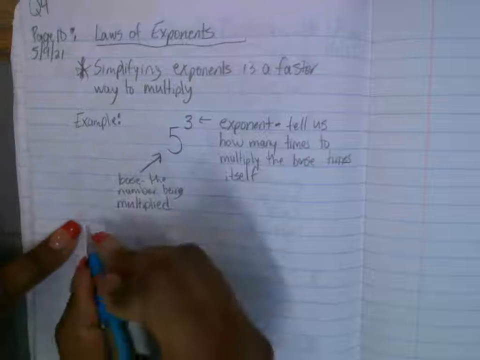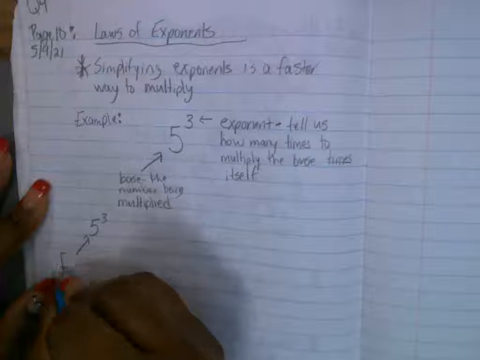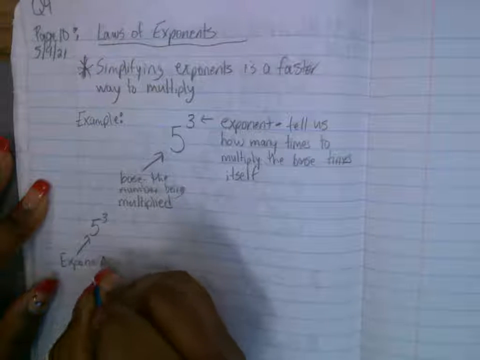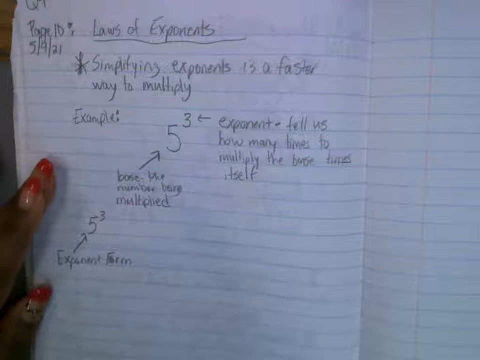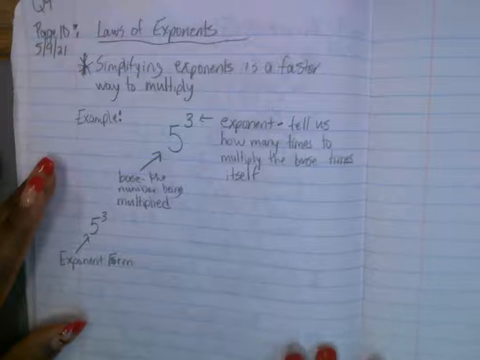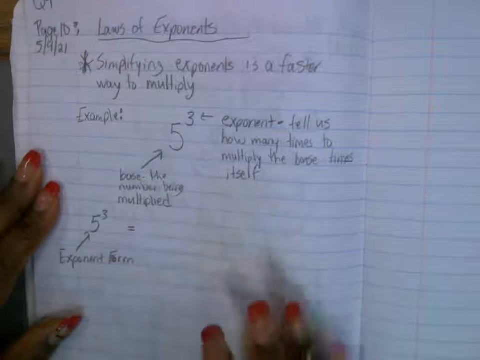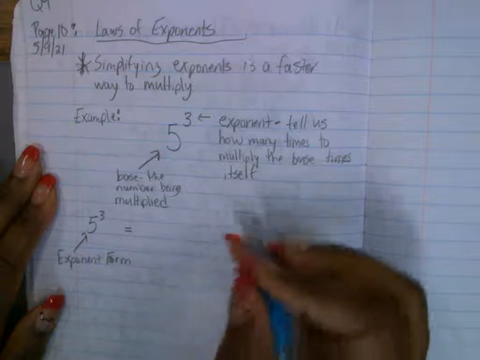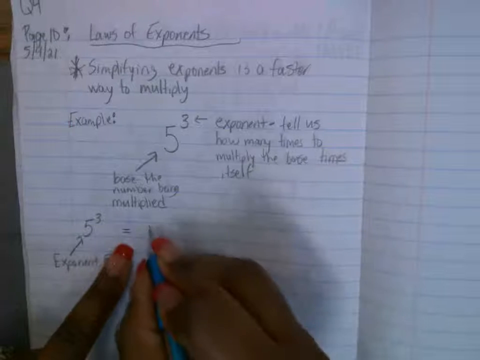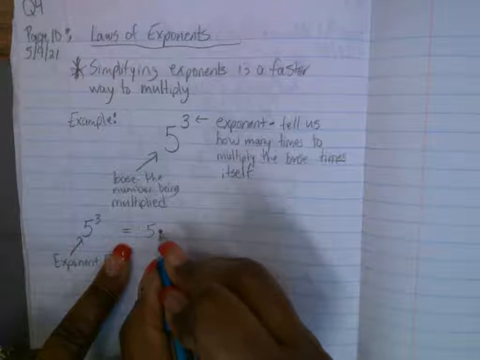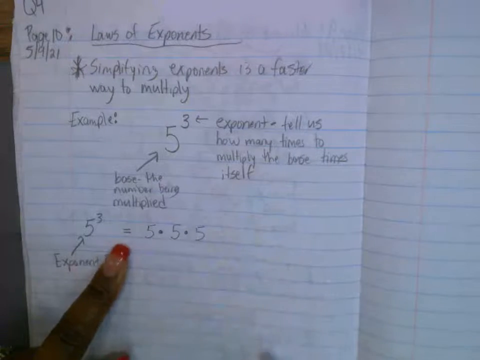So 5 to the third power is in exponent form. When I simplify 5 to the third power by showing it in expanded form, this is the same as saying 5 times, I'm going to use the dot for multiplication, times 5 times 5.